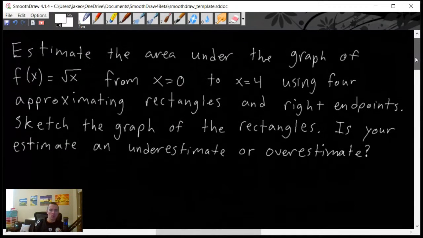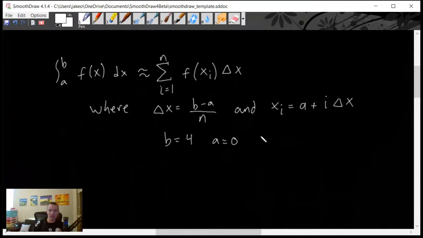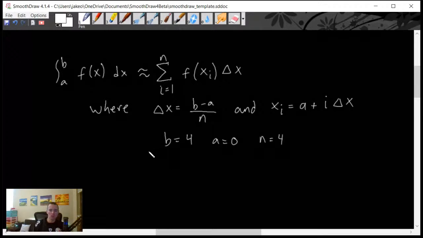We also know that we're using 4 approximating rectangles, and n is the number of rectangles you're using, so in this case n is 4. So we can find our delta x, which is b minus a, 4 minus 0, all over 4, which is 4 over 4, which is 1.